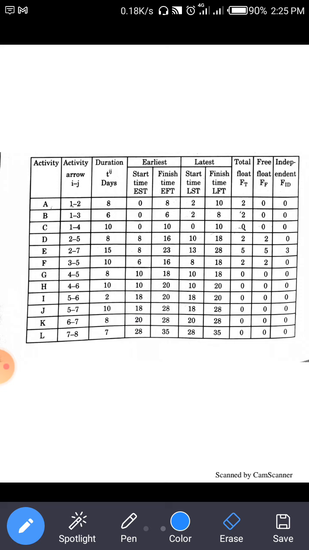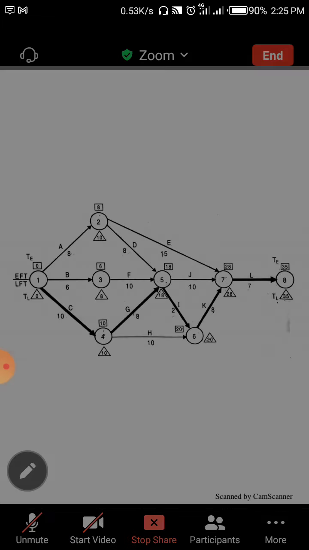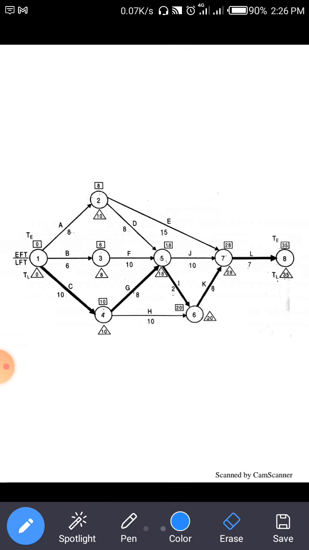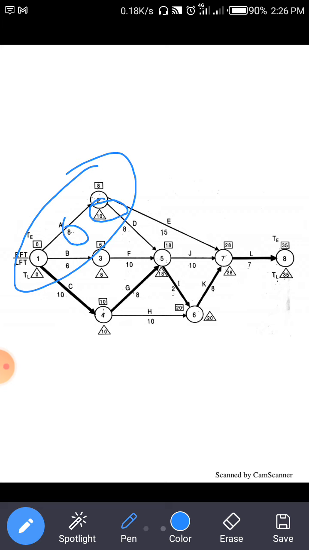Then after that, the latest starting time and latest finish time we write from the figure. For activity 1 to 2, latest starting time is 10 minus 8, which is 2, and latest finish time is 10.